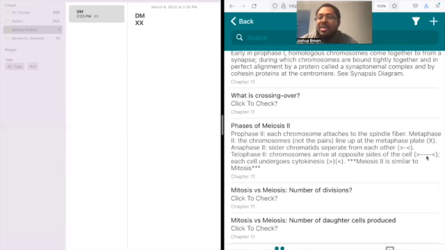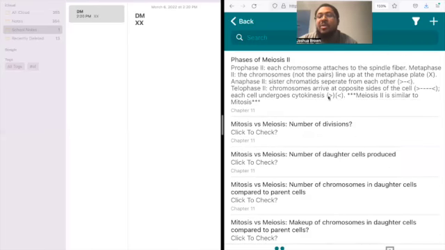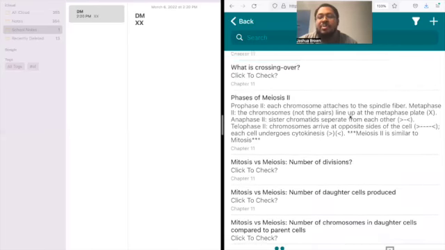They're no longer replicated. They are separated. And then, of course, you have the cytokinesis, and you end up in the end with an N cell. So this is an N cell, but this is an N cell as well. It's just no longer replicated.